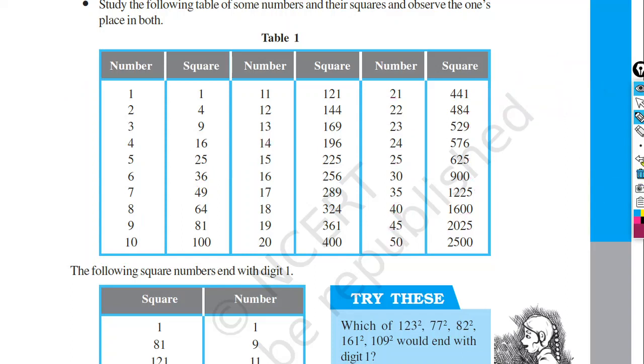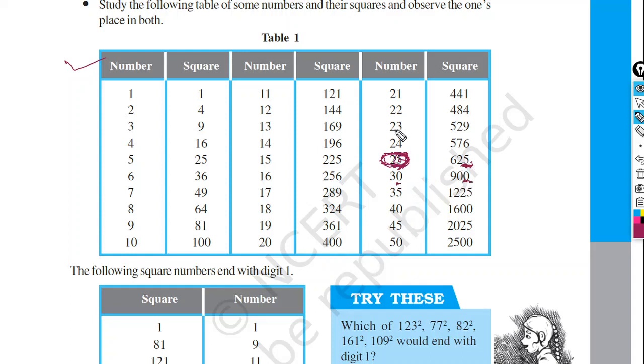Okay, another thing you can also identify from this table is that if you are finding the square of a number, suppose I am finding the square of 25. Now you look at the unit place. If you take the unit place of 25, that is 5, 5 square is 25. So here you can see 5 square is 25, which means the unit place is 5. 0 square is 0, unit place 0.